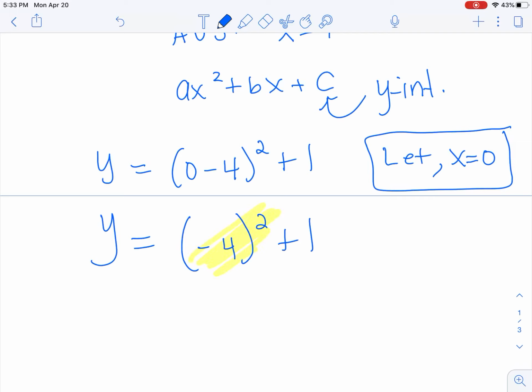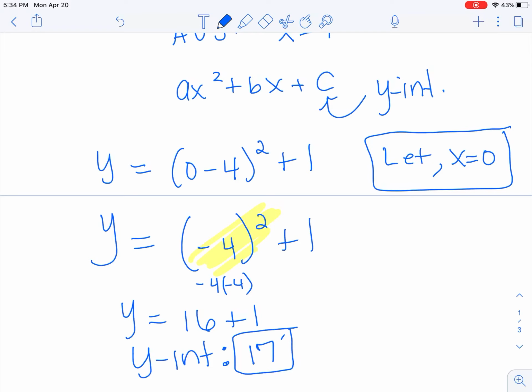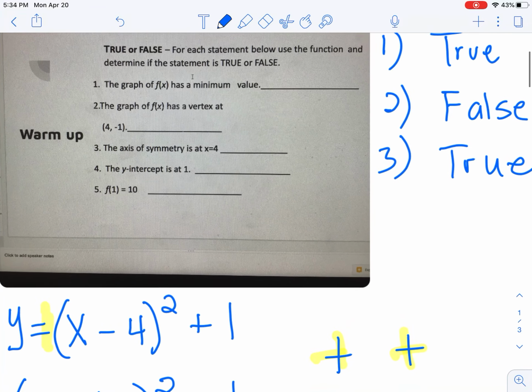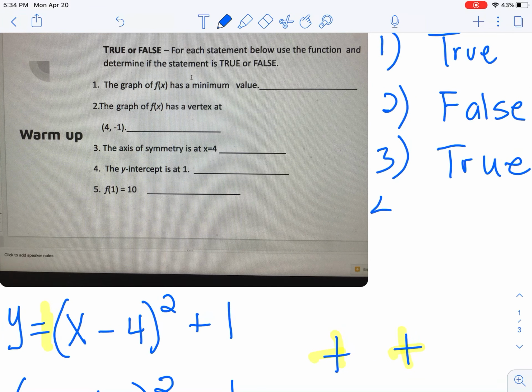Now remember PEMDAS, we always simplify exponents first. So -4 times -4 is +16, plus 1. So the y-intercept is actually 17. So when x is 0, y is 17, and this is your y-intercept. They said it's at 1, which is false.